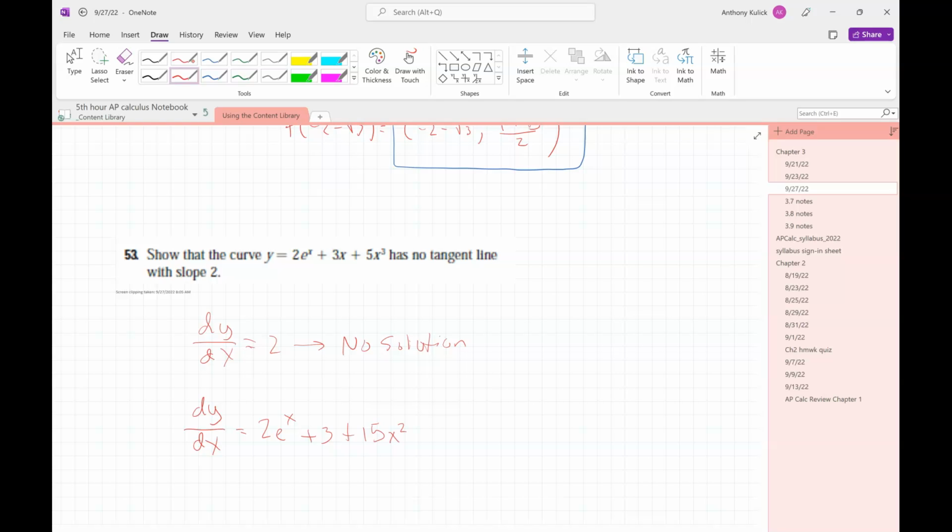Does that all look okay so far, Sophia? Yeah. Okay. So we'll set that then equal to 2.